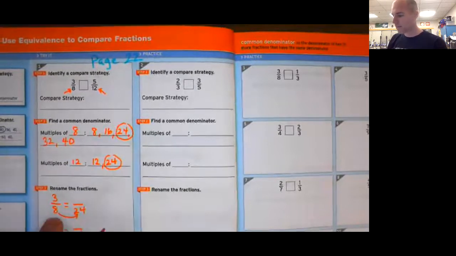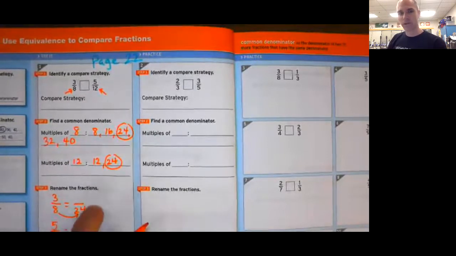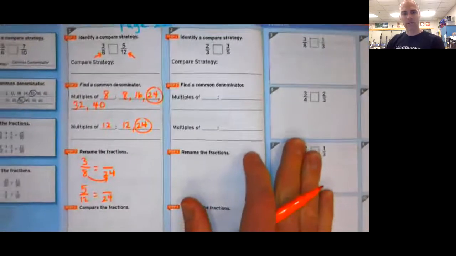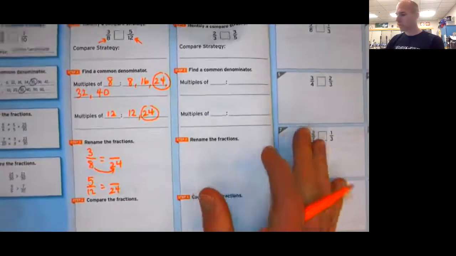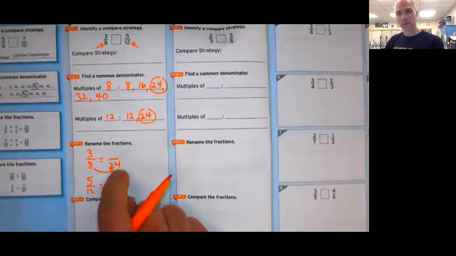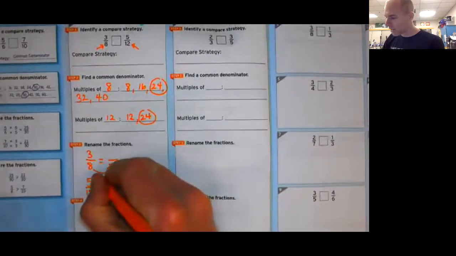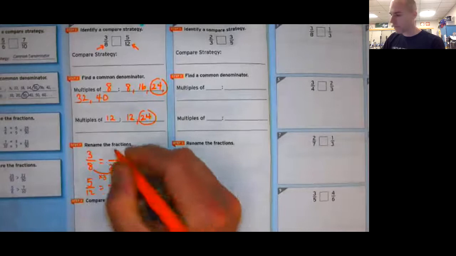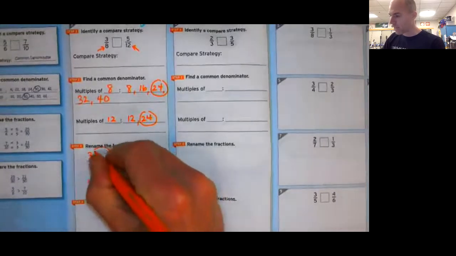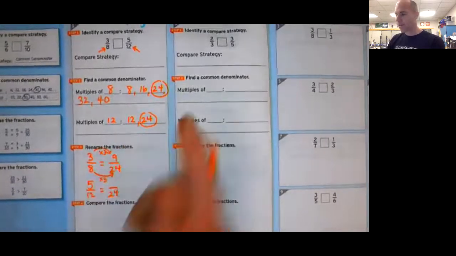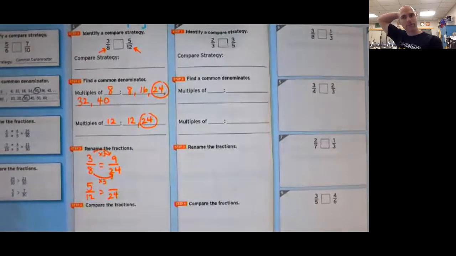So 8 times something equals 24. Oh, I realize I'm kind of low on the screen here. 8 times something is 24. That something is 3. So then we do the same thing to the top. 3 times 3 equals 9. So 3/8 is the same as 9/24.